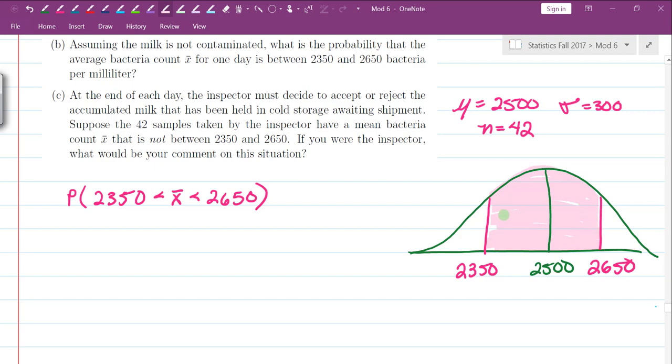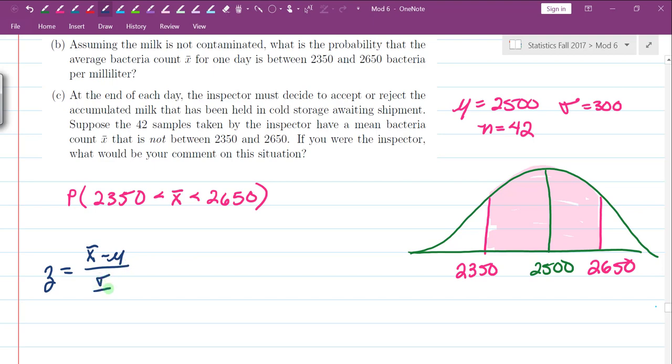So the first thing we have to do is standardize each of these values. Because we can apply the central limit theorem, we're going to standardize each of the means. The formula to standardize the mean is X bar minus mu divided by sigma divided by the square root of n.